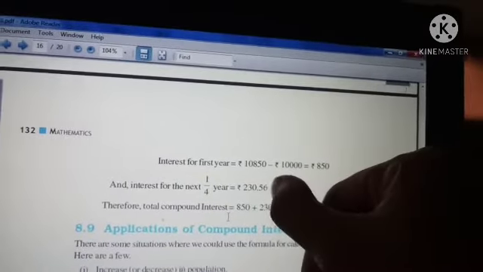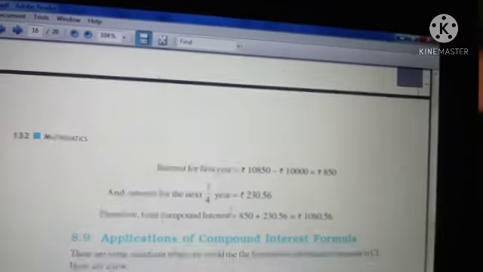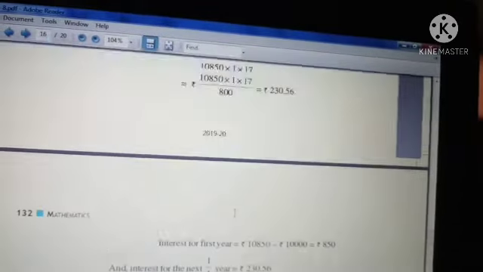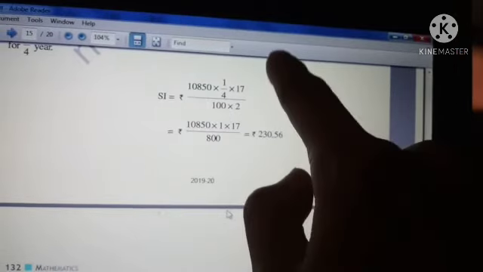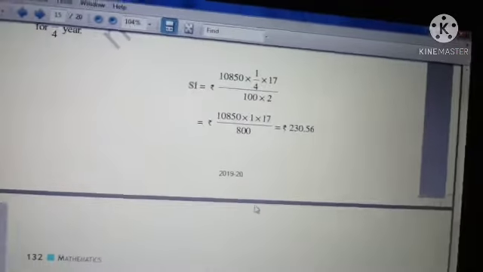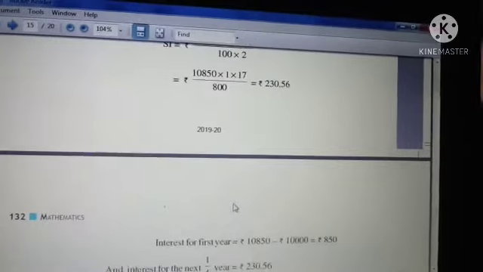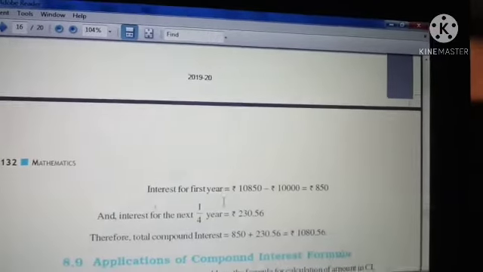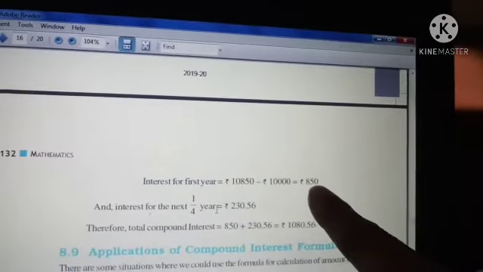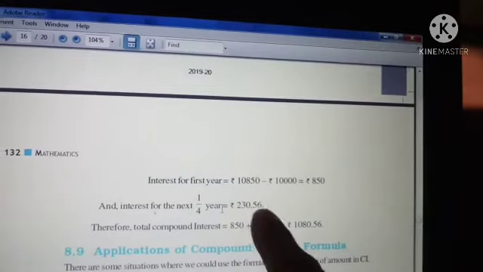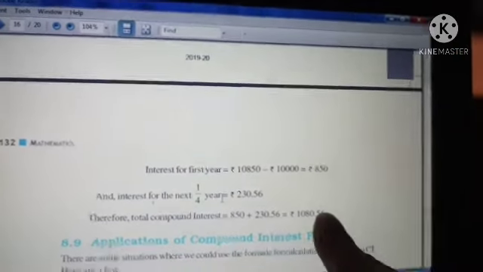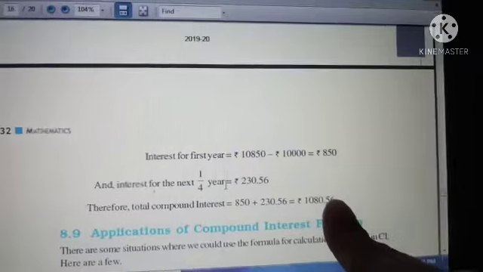That interest is 230 rupees. How did you get this interest? By using the interest formula, where you have taken the principal from the last amount, because it is compound interest. So this is your first year interest, this is your quarter year interest. Adding those, you will get the total compound interest.